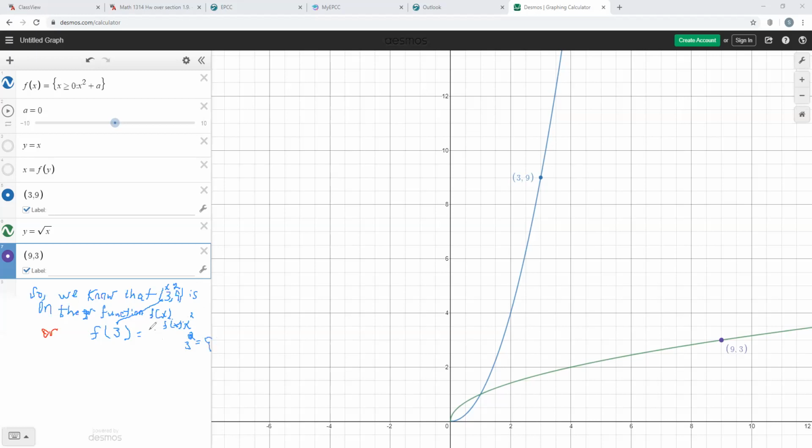So f of 3 is 9. And that's what this is right here.